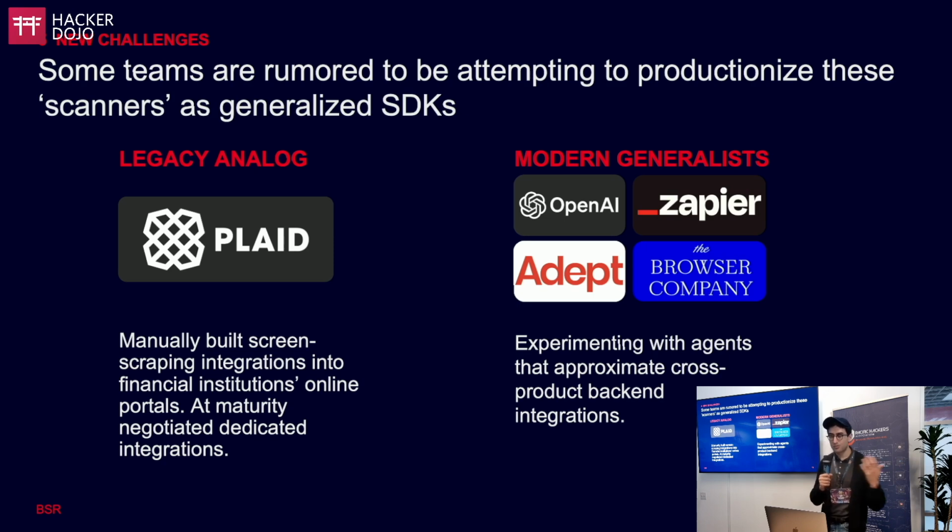On the right-hand side are a bunch of foundation model companies and companies like Zapier that are trying to build agents or agentic workflows that integrate with products through these front-end APIs as well. So they use LLMs to navigate which of these endpoints to call, and how to get around being limited to just the backend SDK that the product has set up for them.